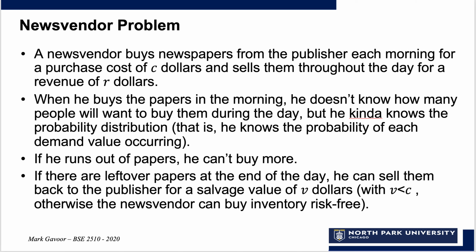If he runs out of papers, he can't buy more. If there are leftover papers at the end of the day, he can sell them back to the publisher for a scrap value or salvage value of V dollars, with V being much less than C. Otherwise, the newsvendor can buy inventory risk-free.